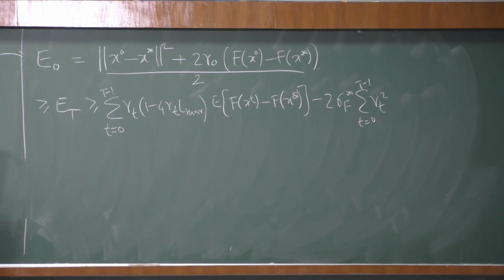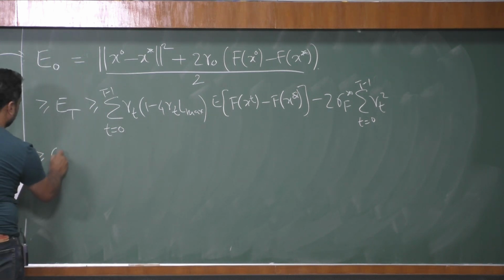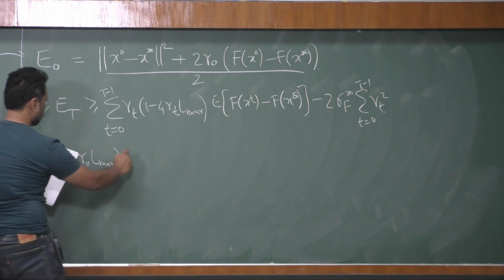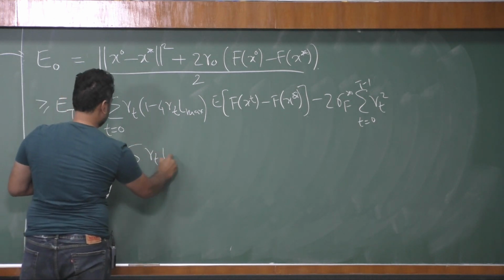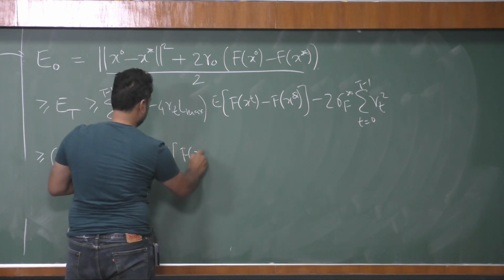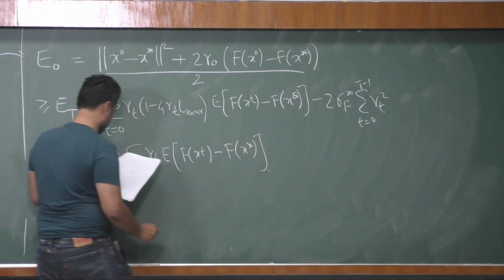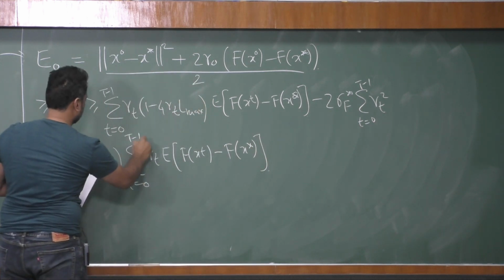So the next thing we can do is this is greater than or equal to (1 minus 4 gamma_0 L_max) times the sum of gamma_t expectation of f(x_t) minus f(x star), t equals 0 to T minus 1.